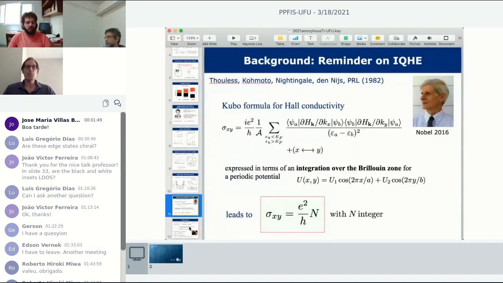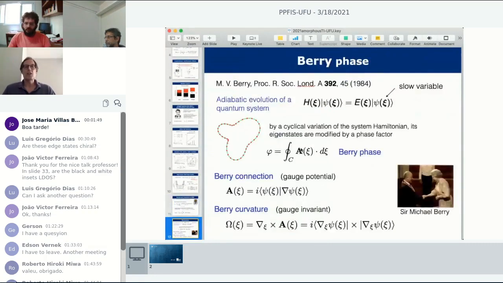it didn't have impact. And then he learned about these works by Berry, who was exploring basically a thing which was entirely different. It was this adiabatic evolution of a quantum system. And he was concerned about driving a system slowly around some closed path, and what would be the consequences once you close a path.